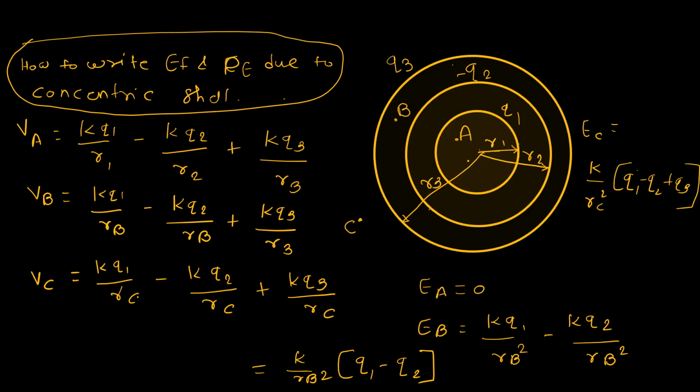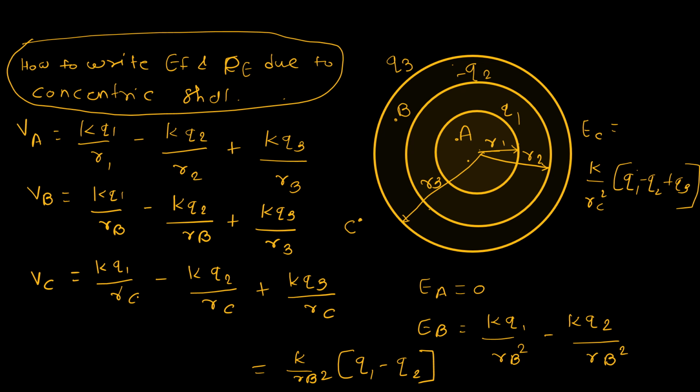Next, how to write electric field and potential due to concentric shells. Here there are three concentric shells having radii r1, r2 and r3. The charge q1 is on the innermost shell, the in-between shell has charge minus q2, and the outermost spherical shell has charge q3.